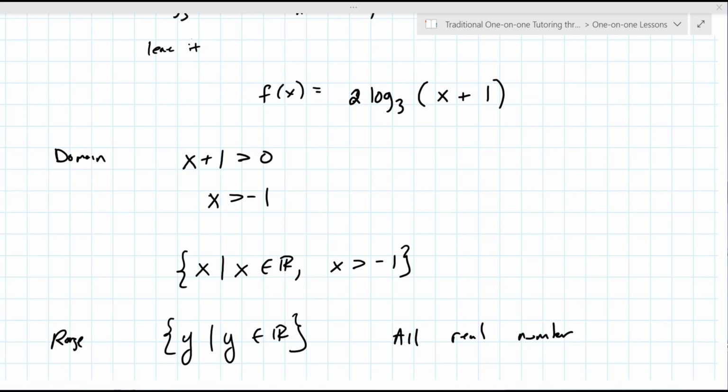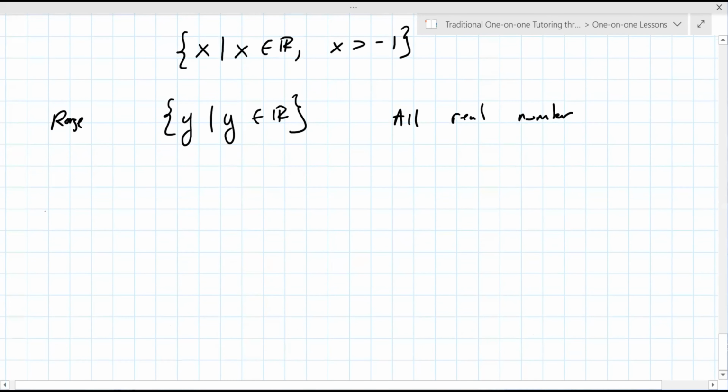All right, so the next thing is the equation of the vertical asymptote. You find the vertical asymptote by setting the inside part equal to 0. So x equals -1. And that's really useful for graphing.